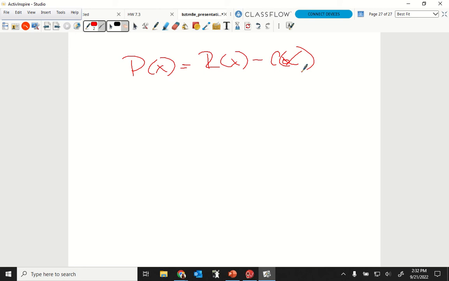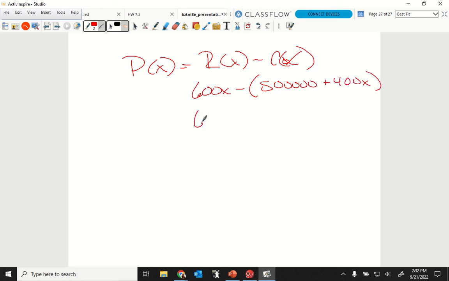If I sell 0 wheelchairs, did I lose money on this? Yeah, I lost a lot, didn't I? So what I'm doing is, my revenue was 600x minus my cost function, which was 500,000. Enough zeros? Yeah. Plus 400x.